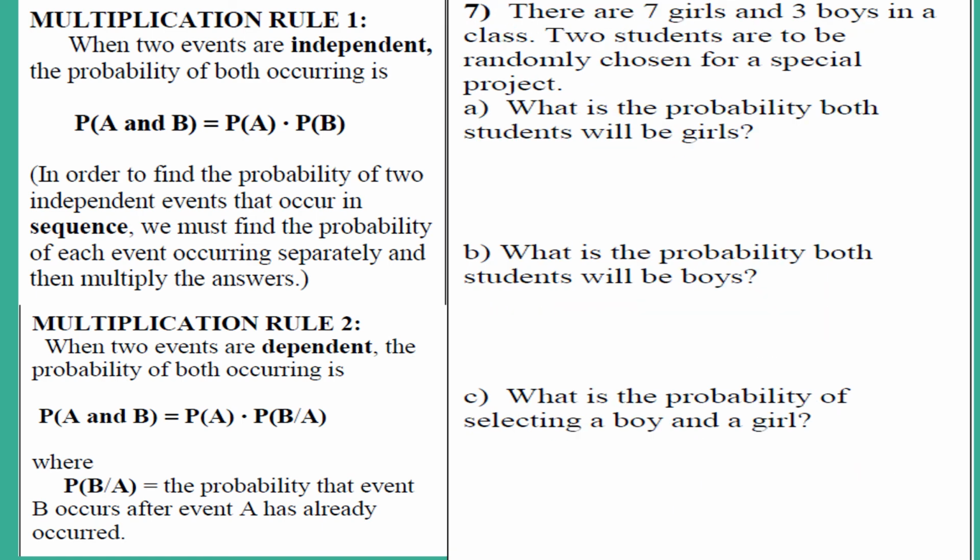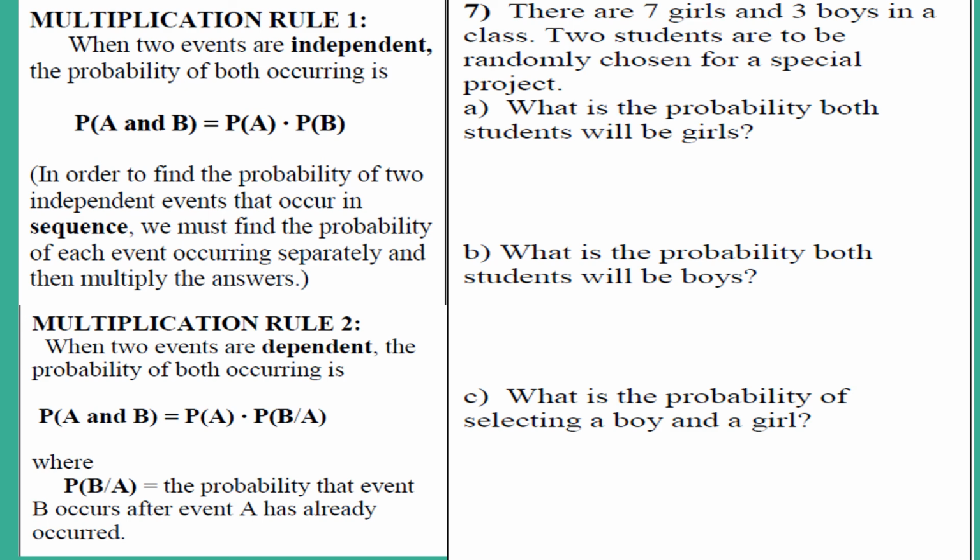There are 7 girls and 3 boys in a class. 2 students are to be randomly chosen for a special project. What is the probability that both students will be girls? So this is again a case of dependent events.